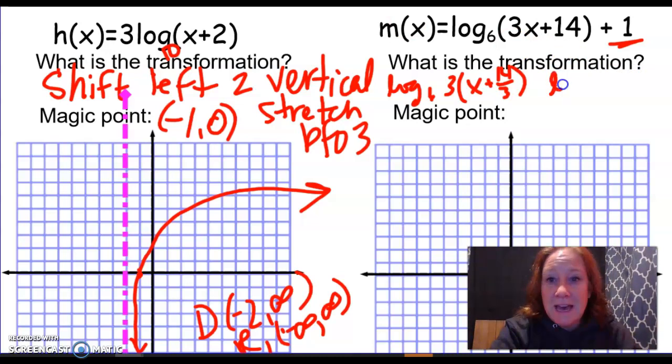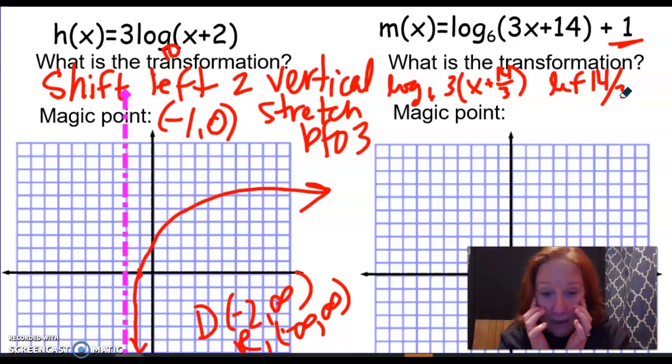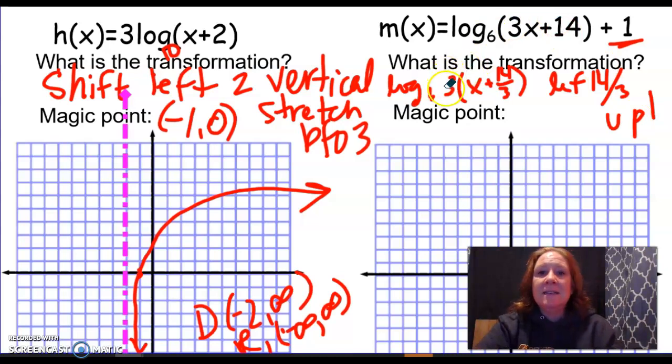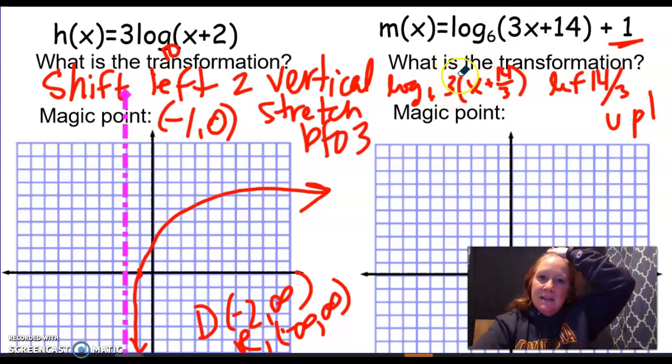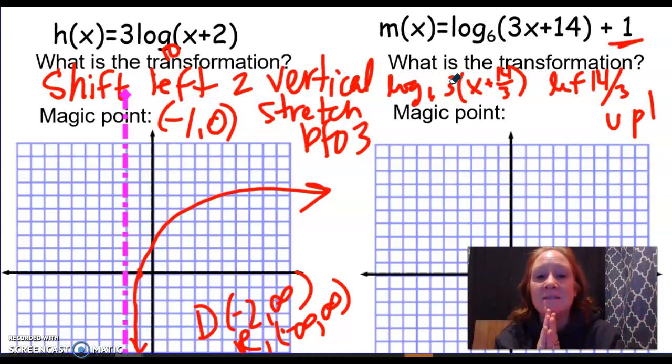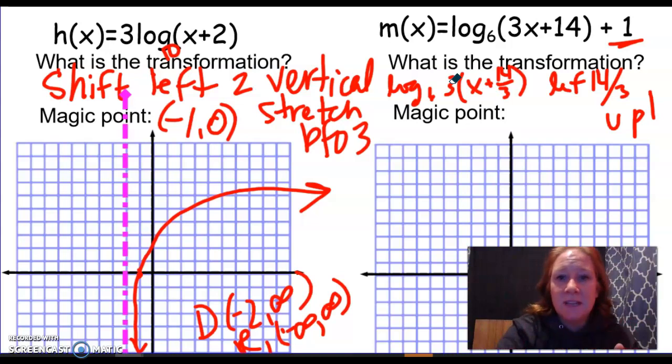So it goes left 14 thirds, and then something happens with that 3, and then up 1. Now I know that oftentimes the x does the opposite, so I think that is a vertical compression by a factor of 1/3. I think it's going to squash this way, but we'll just say that now.